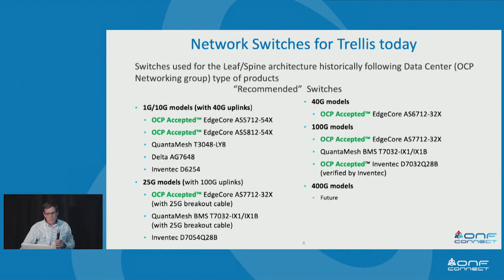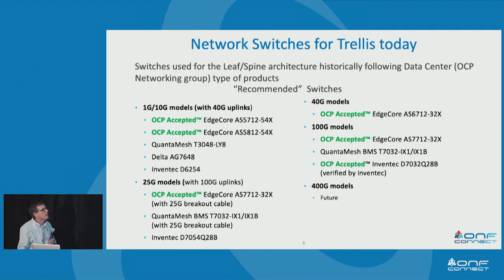So switches. There's a long list of switches that are suggested by ONF today. This is a scrape off the ONF suggested BOM for Trellis as far as switches. Highlighted here in green are the OCP accepted or inspired designs.